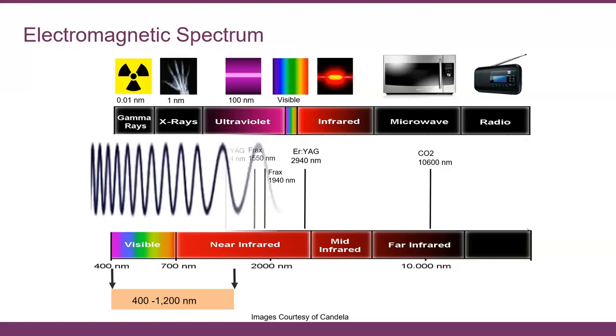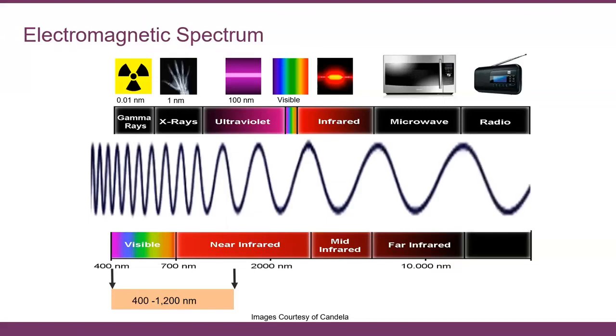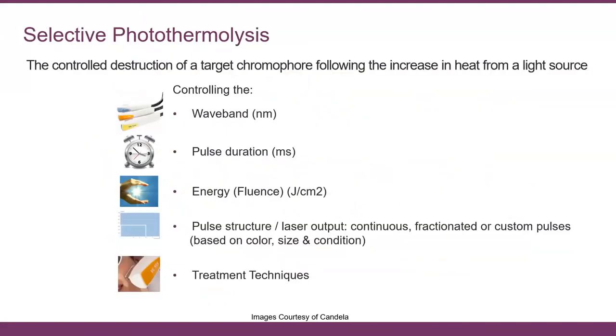As we move from 400 nanometers up to 10,000 nanometers, you can see that the distance between the peaks of these waves increases, and that's the wavelength. With short waves, the distance between the peaks is very close. As the wave becomes longer and longer, the distance increases, which is what we call long waves. One of the main principles when we're using a laser or light-based system to treat anything is selective photothermolysis.